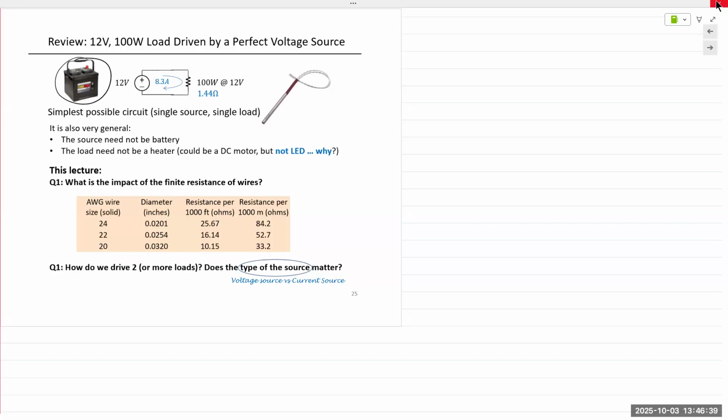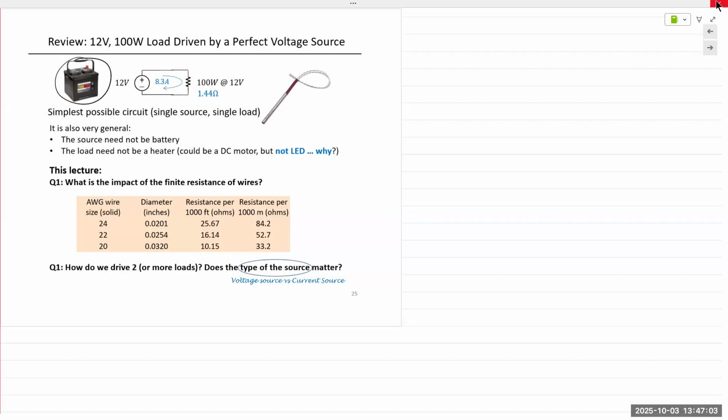So the resistance of the wires, how does it impact? First, it lowers the current that's flowing through there. That means it causes a voltage drop across that entire cable, so it's dissipating and consuming some of the power. The other thing is safety considerations: if it's low quality, it's going to overheat.